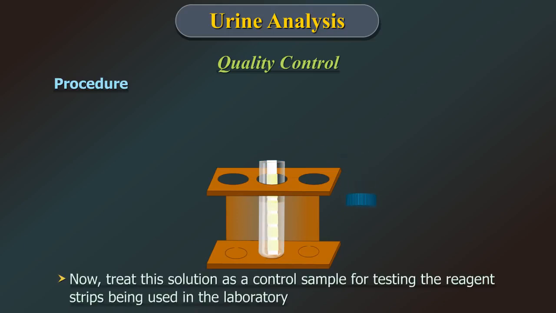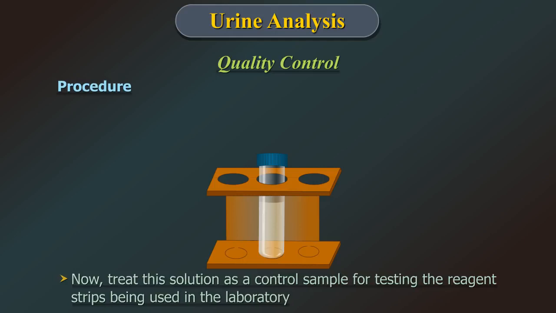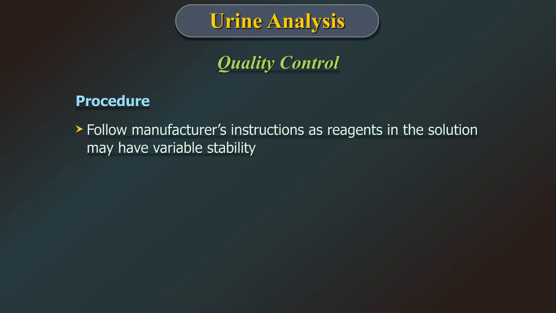Now treat this solution as a control sample for testing the reagent strips being used in the laboratory. Follow the same procedure for reagent strips as described earlier. Follow manufacturer's instruction as reagents in the solution may have variable stability.